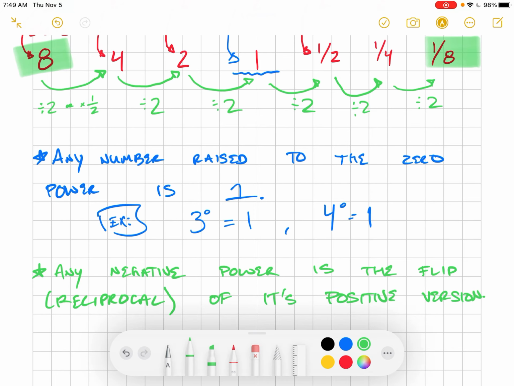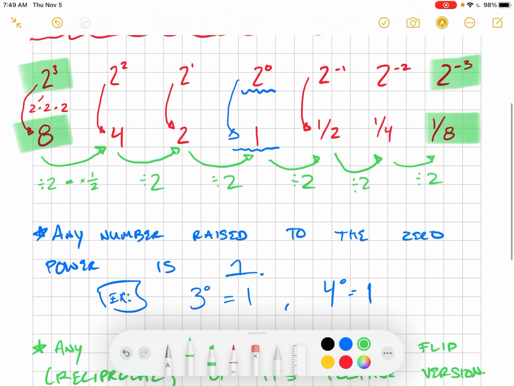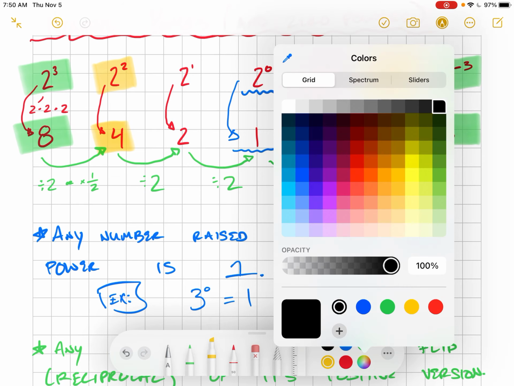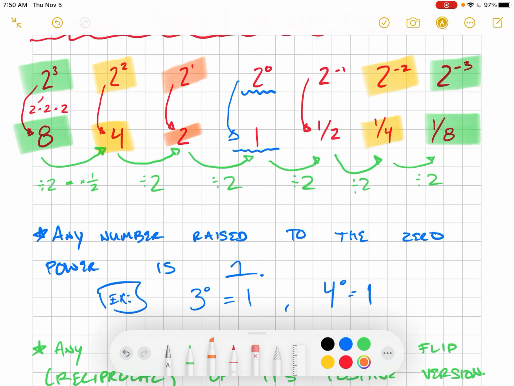Okay? And that holds up for all of these, and it will hold up for any number. So 2 to the second is 4. 2 to the negative second is the flip or reciprocal of that, 1 over 4. Okay, and if we keep going, we're going to see 2 to the first is 2. 2 to the negative first is 1 over 2.